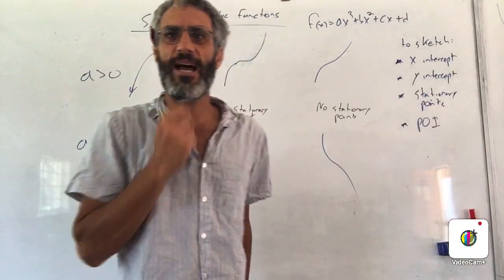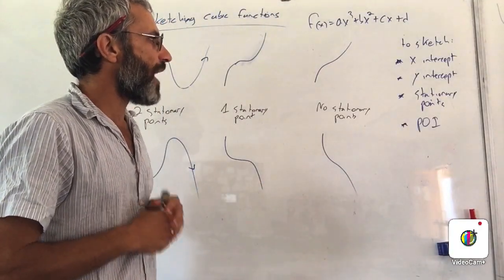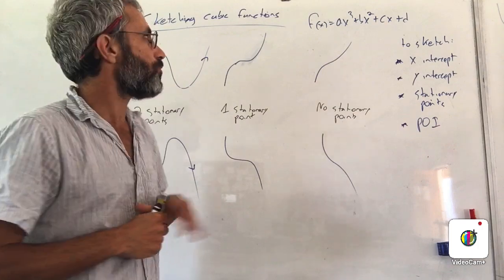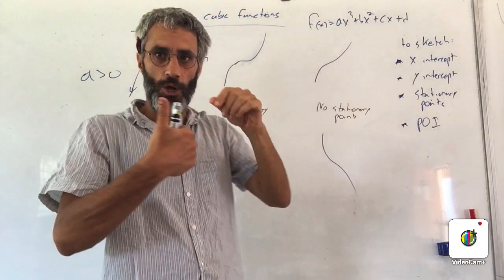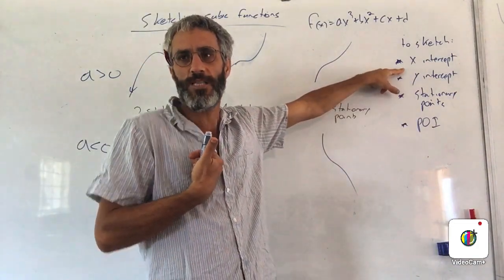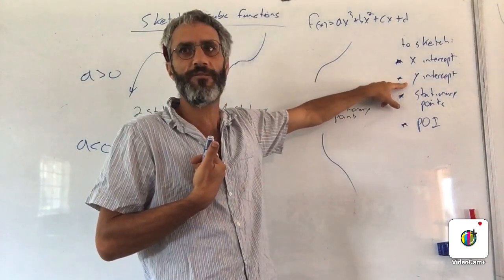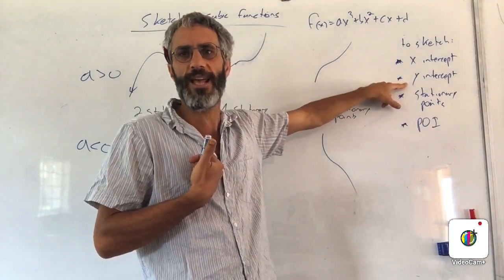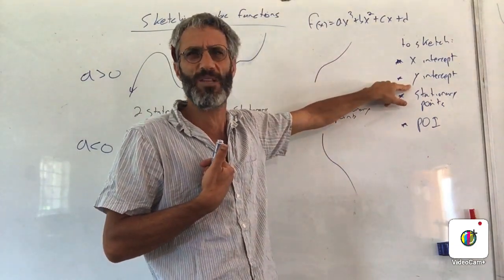So before we dive into our first and only example of today, what do we actually need to do to sketch a graph? Once I give you the A, B, C, and D, a specific function, first of all, we find the x-intercept. That's basically where y is equal to 0. Then we find the y-intercept. That's where x is equal to 0. I would actually do it the other way around because y-intercepts are much easier.